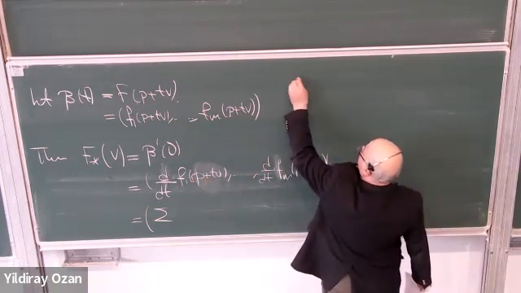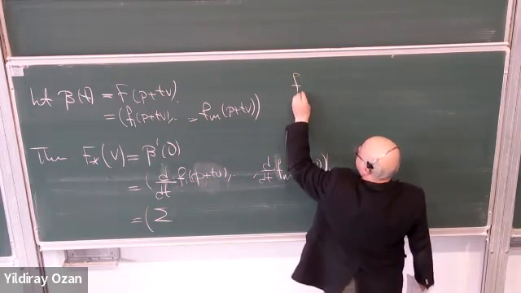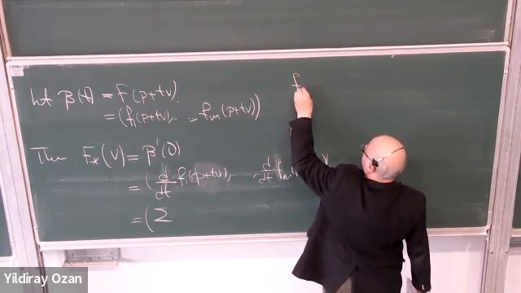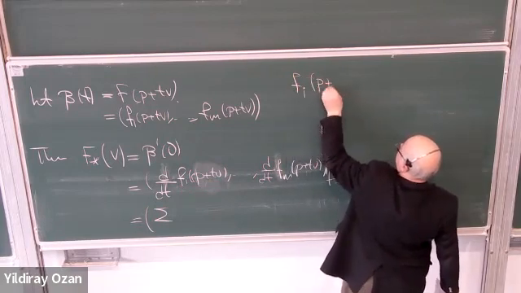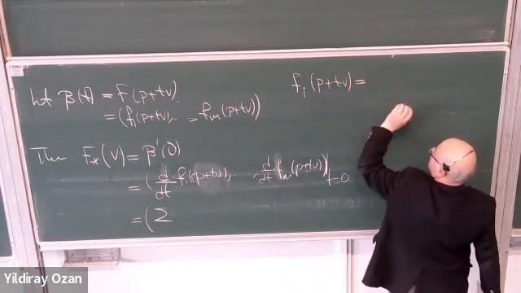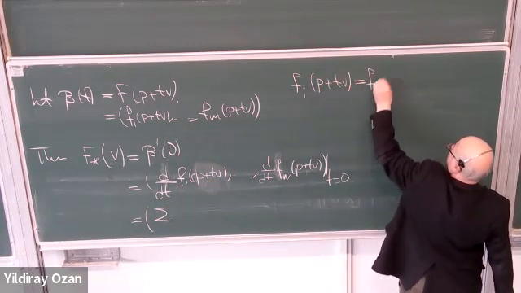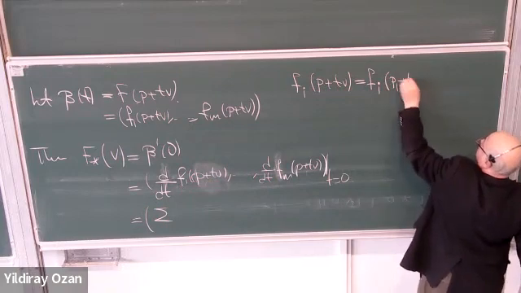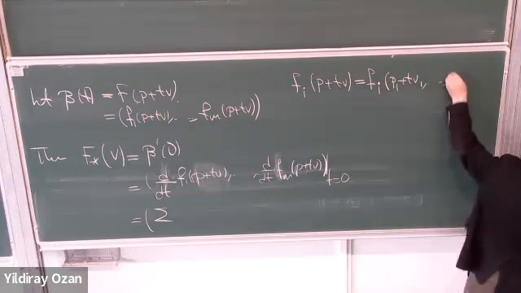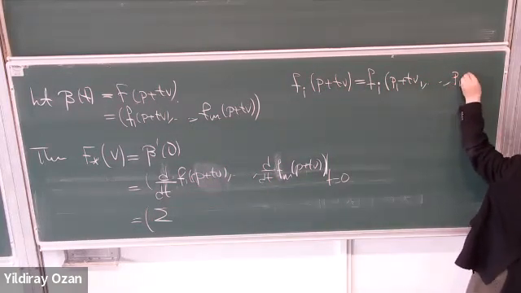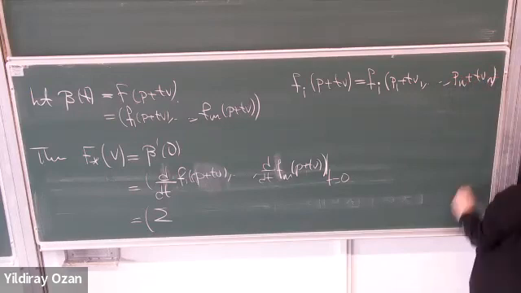By the way, let me just write here. What is, for example, f_i of p plus tv? This is just f_i of (p1 plus tv1, up to pn plus tvn), right?